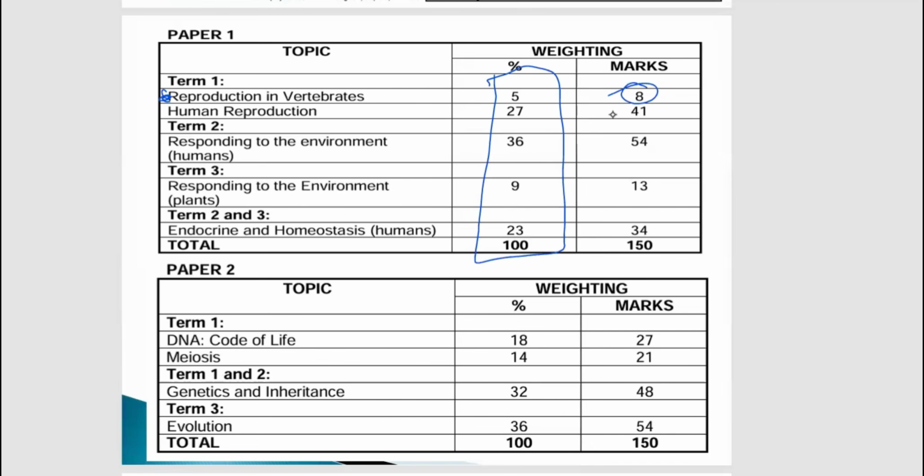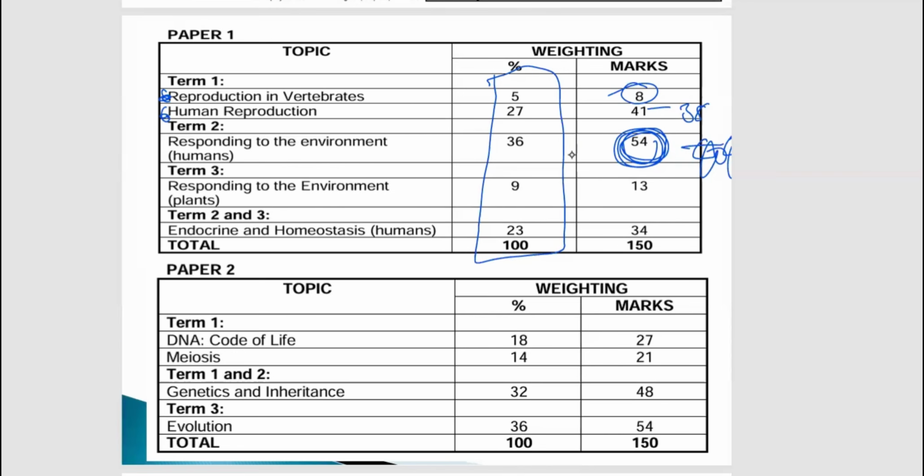So for you to get at least the highest mark, make sure that in response to environment by human, you get at least maybe a 40, and then in human reproduction, make sure that you get something like 35 or 30.